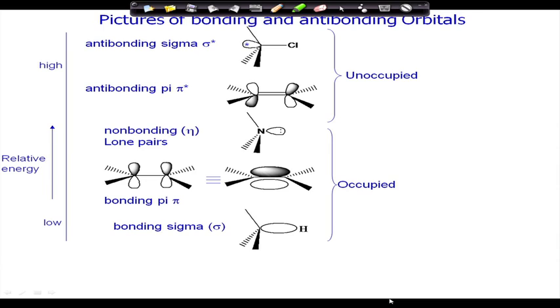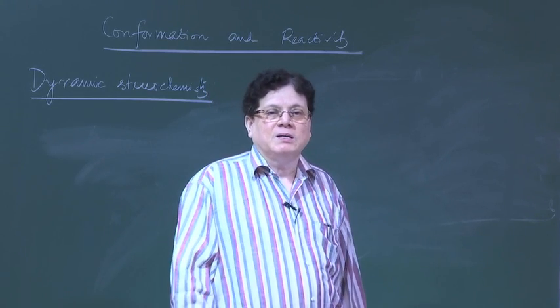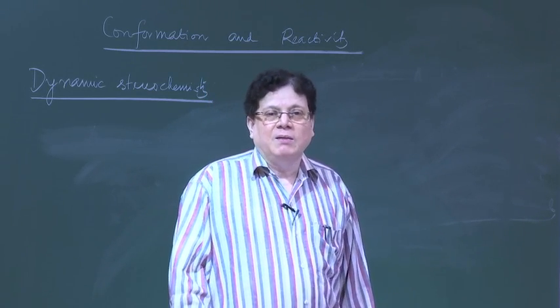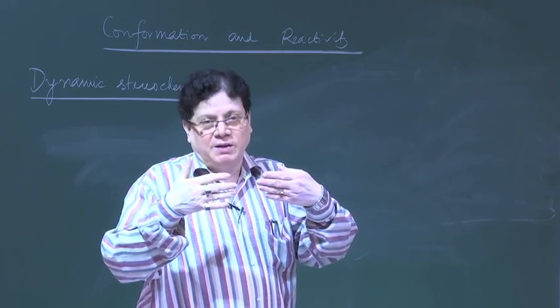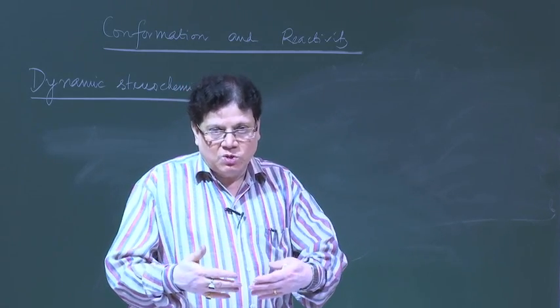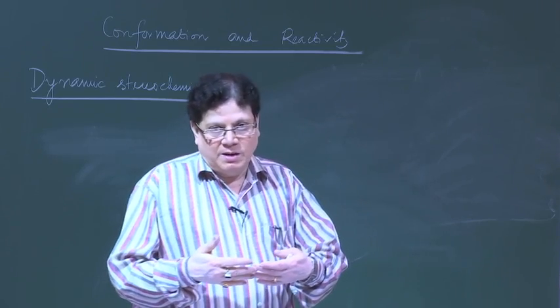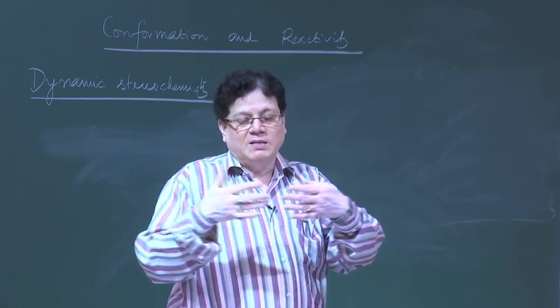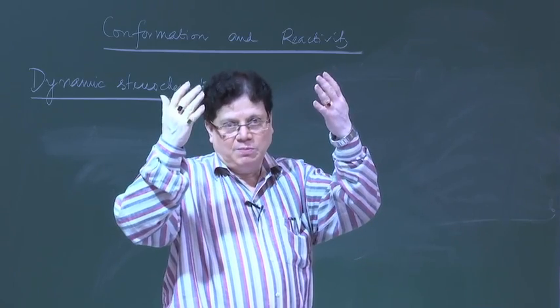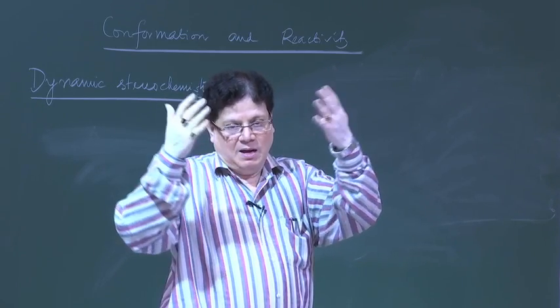Now, when two atomic orbitals combine with each other, that generates two molecular orbitals. One is called the bonding scenario, when the two orbitals are in phase, so the energy goes down and the system is stabilized. The other is when the orbitals are in opposite phase, they are mismatched and the energy goes up.